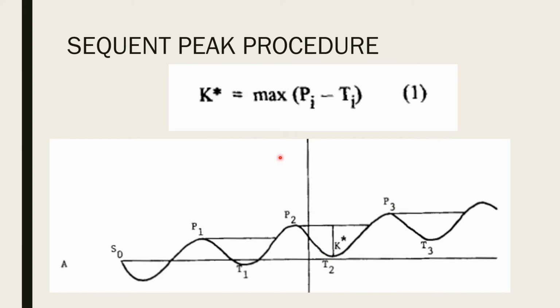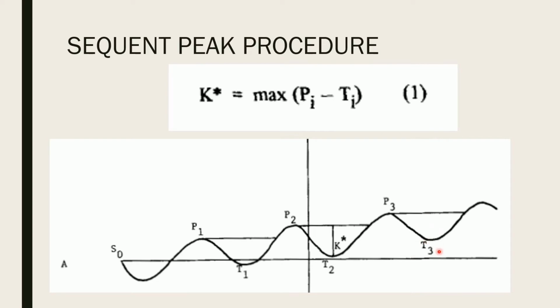And the required reservoir storage is denoted as K. It is the greatest difference in value between a peak and a subsequent low. So we have here the greatest difference between the peak and the subsequent low, which is the lowest minimum, denoted as T3.